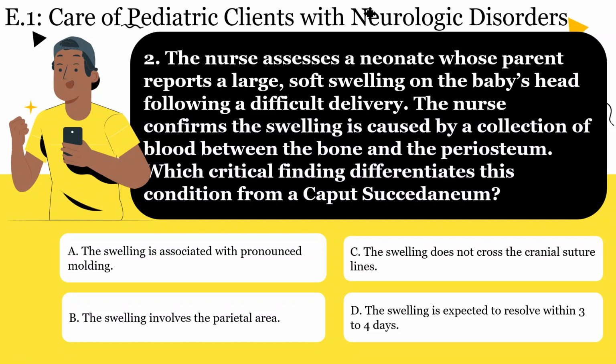The defining characteristic of cephalhematoma, which distinguishes it from caput succedaneum, is that the swelling does not cross the suture line, because caput succedaneum is a soft tissue swelling that usually crosses the suture line and resolves quickly, in 3 to 4 days. So the best answer for number 2 is letter C. The swelling does not cross the cranial suture line.